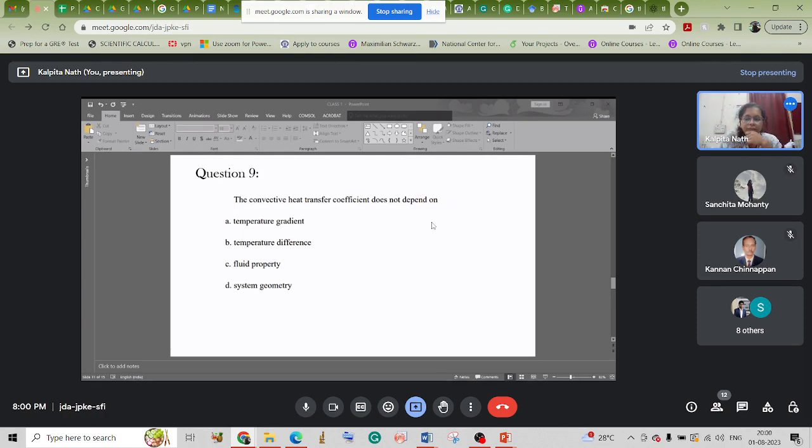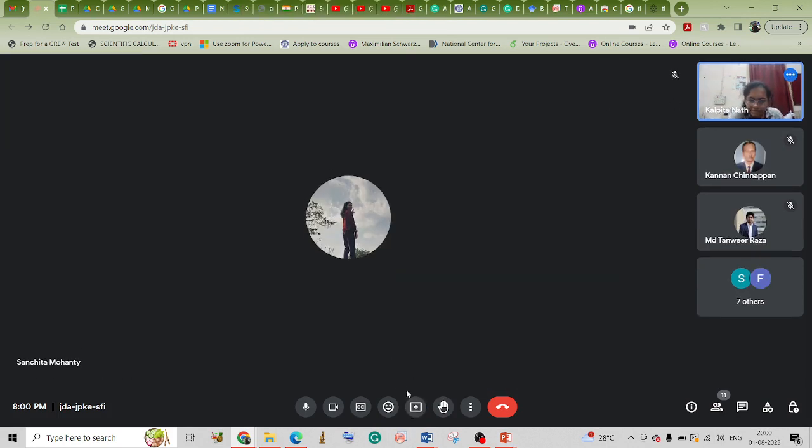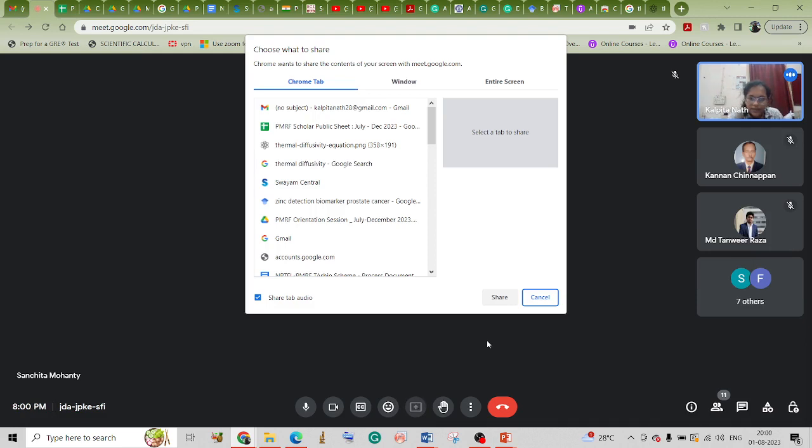As convection doesn't take place on a solid medium, it takes place on a fluid medium, there the distance doesn't matter, so the gradient doesn't matter, only the temperature difference matters. So let us check this answer, so we may have a better understanding of this, right?